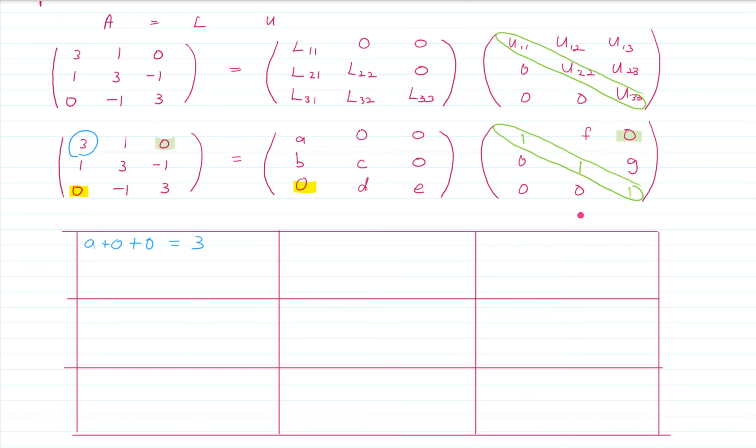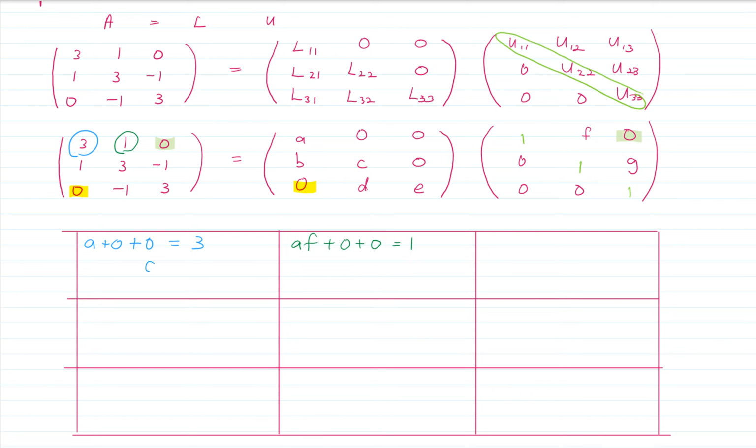So we have A times F, plus 0 plus 0 plus 0, which equals 1.